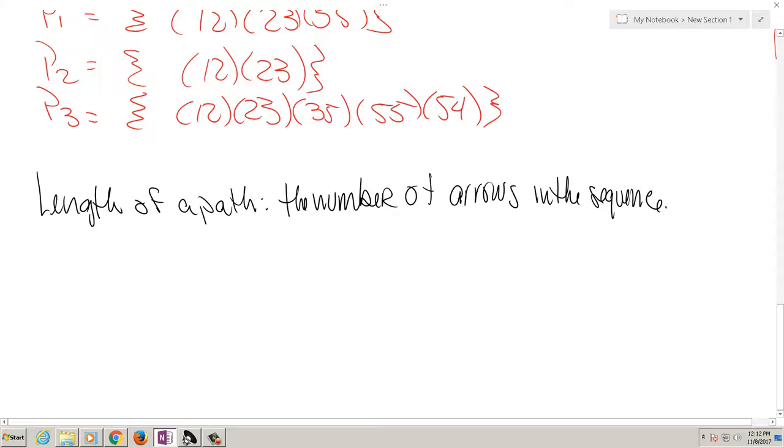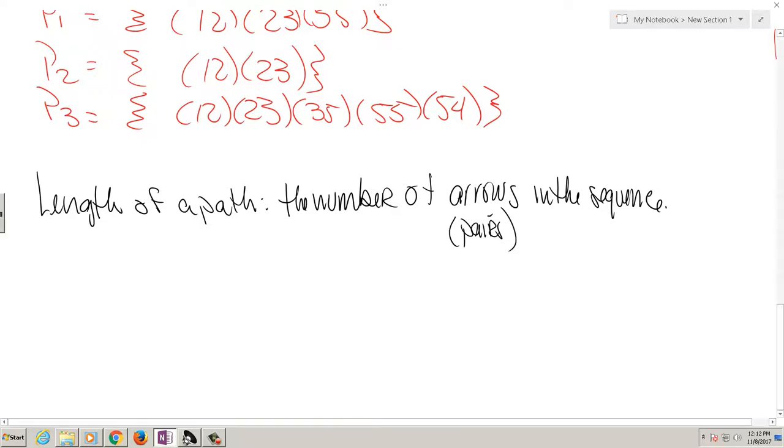Many students mistake it for the number of nodes. It is not the number of nodes, it is the number of pairs in the sequence. And the way I determine the number of pairs is that is the definition of the arrow. The arrow defines a single pair. A to B, there's an arrow going from A to B. Therefore, I count the arrows, and that will tell me the length of the path.